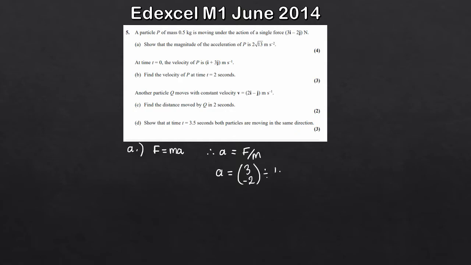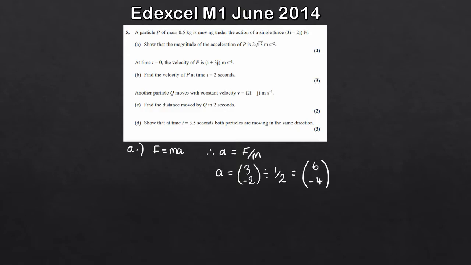Okay, so 0.5. So in this case, all I'm doing is timesing both of these by 2, because I'm dividing by half. So 3 divided by half, that's the same as timesing 3 by 2. So we get 6 there, and then minus 2 divided by half, we get minus 4. Okay, so my acceleration is 6i minus 4j.